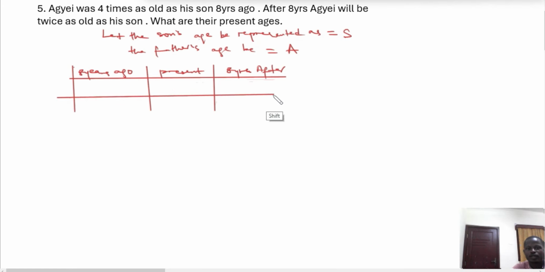Here is Agir, the father, which we represent as A, and the son's age, which we represent as S. So 8 years back, the father's age will be A minus 8, and the son's age was S minus 8.